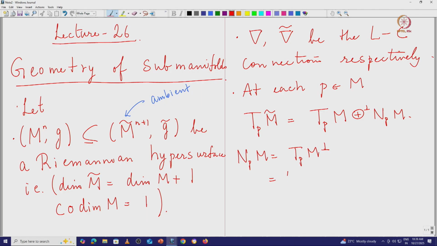By definition this is the set of all vectors v in the tangent space of the ambient manifold which are orthogonal to all vectors tangential to your submanifold M.